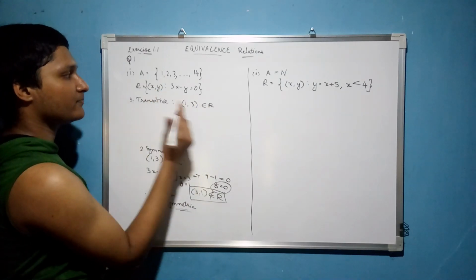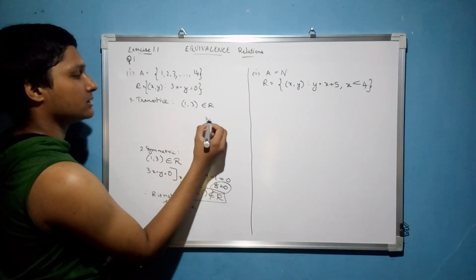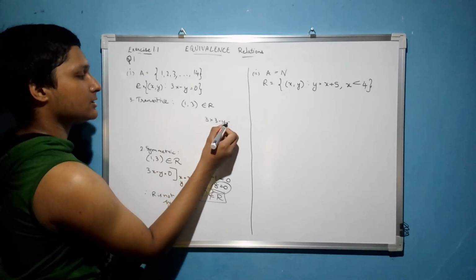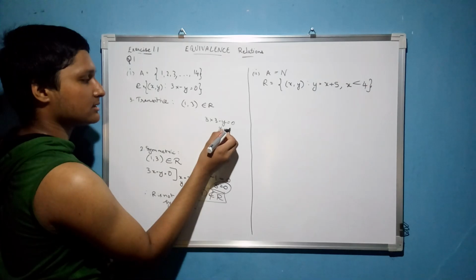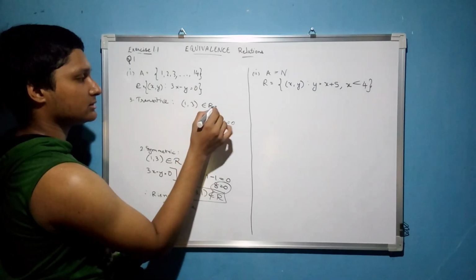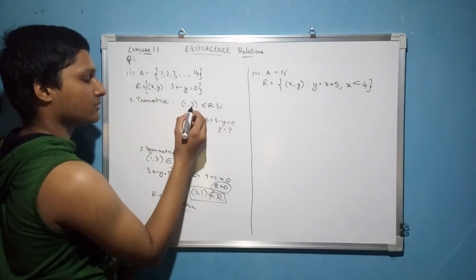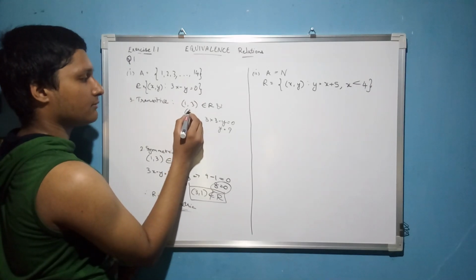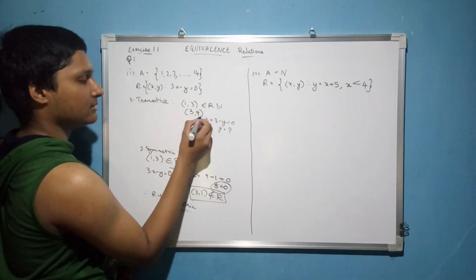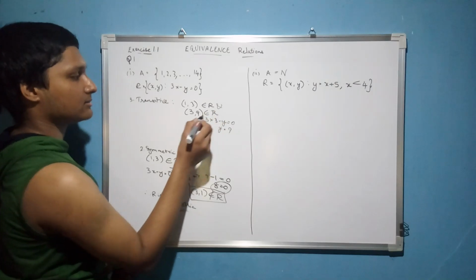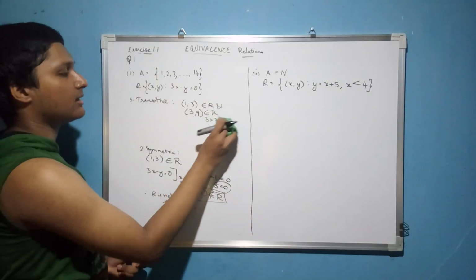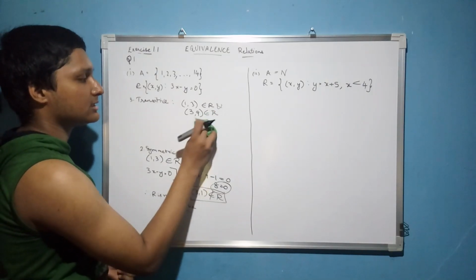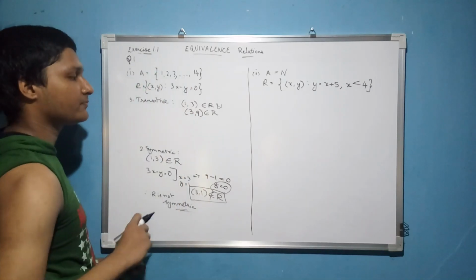What do I get as y? 3 into 3 minus y is equal to 0, then y becomes 9. Therefore (3, 9) belongs to R, which I have found out just now using this equation.